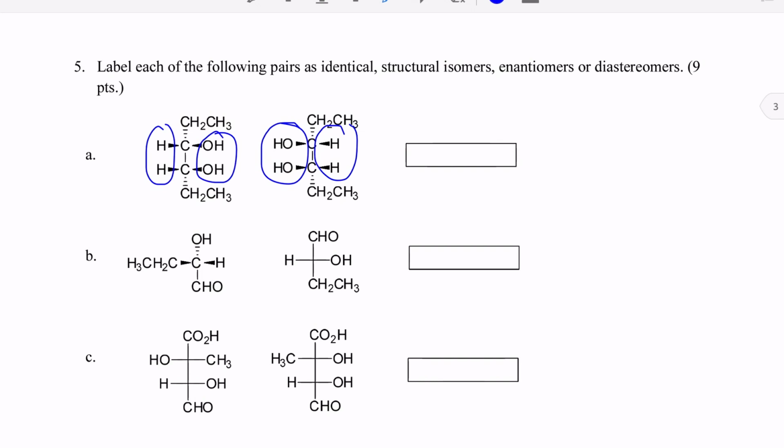So if you rotate this projection by 180 degrees, since these two are both ethyl groups, you're going to get the same. These two don't change, and that's what we see.